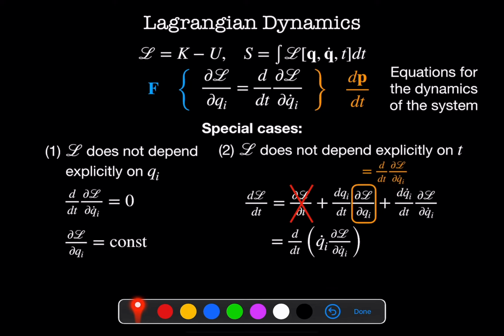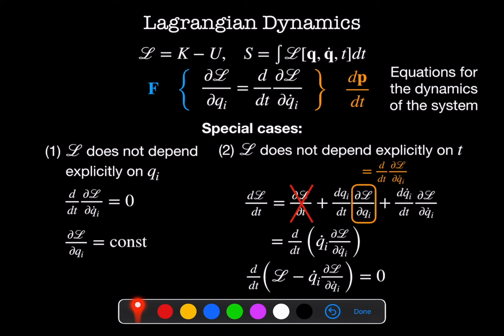That lets us rewrite both of these terms using the chain rule to say that the whole right side of our equation is equal to d by dt of q_i dot times dL by dq_i dot. And that's equal to the total derivative of the Lagrangian with respect to time.